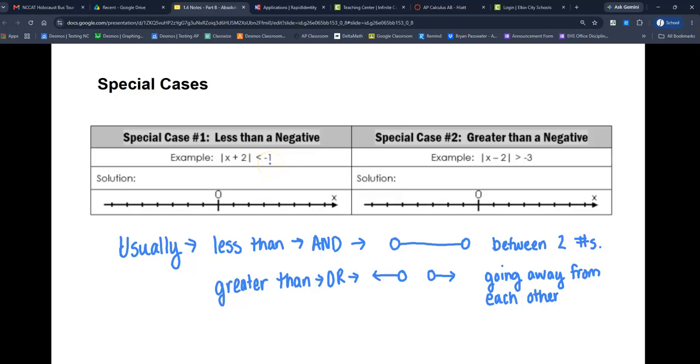Can an absolute value be negative? No. And less than negative 1 is definitely going to be negative. So whenever you see that your absolute value bar is less than a negative, then your answer is no solution.